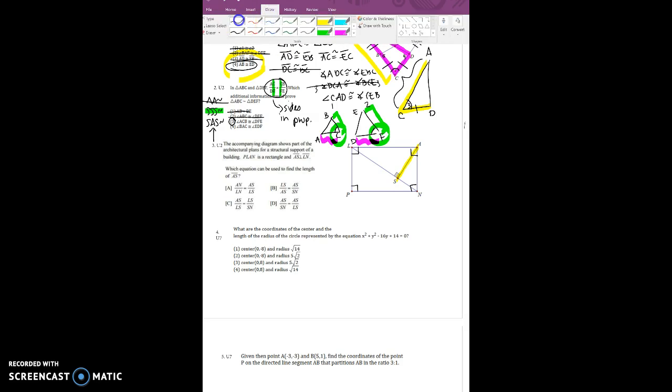And I look at this problem and I recognize that this is an altitude problem. If I take a look at this triangle here, this is a right triangle.